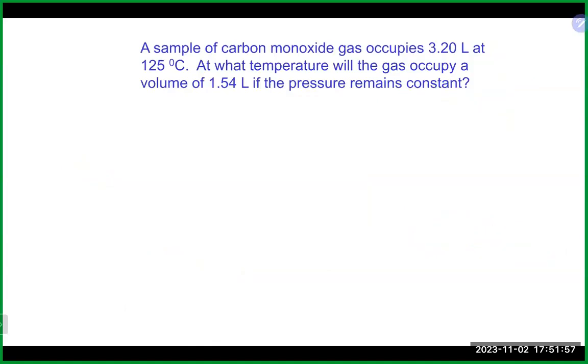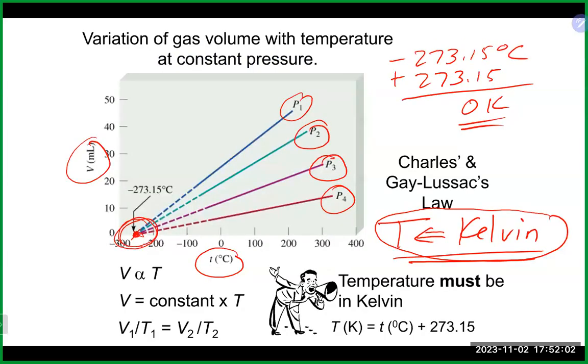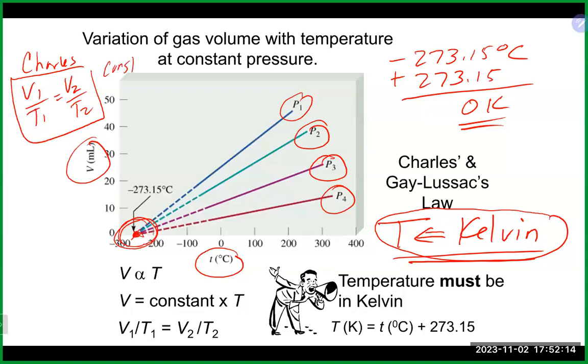All right, so let's try a couple of these here. A sample, by the way, I guess let's take a look at these laws first. That's on the bottom there. Charles' law is V1 over T1 is equal to V2 over T2. And once again, as we were talking about there, that is constant pressure. Once again, volume doesn't matter in this case, but temperature, as we were just talking about, does need to be in Kelvin.